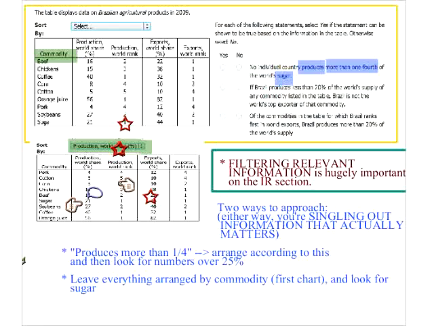If we're looking at the chart arranged by world share, this is probably not as good because you still need to find sugar. So it's not a hugely long table or anything, but you still need to find that column. But the only places where you have over 25% are commodities that are not sugar.